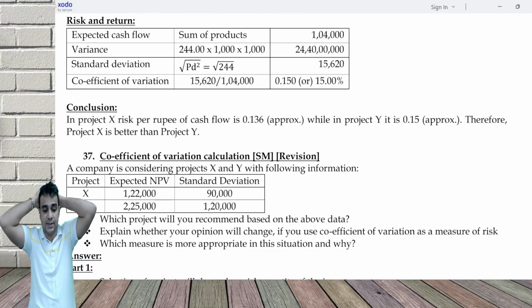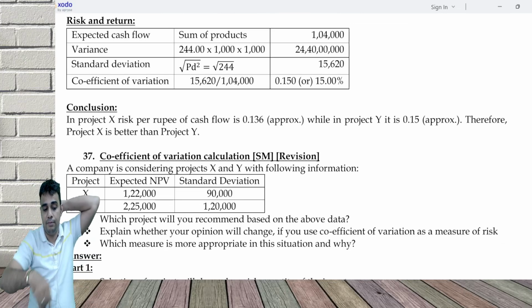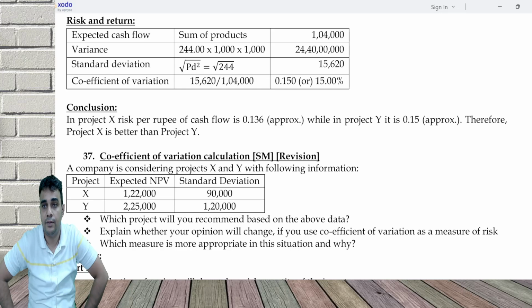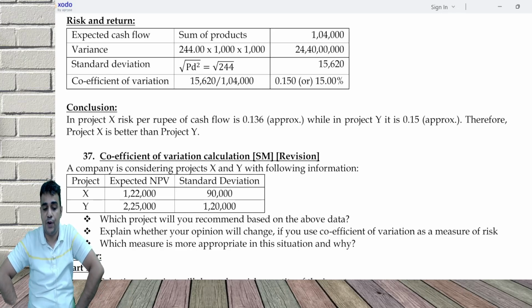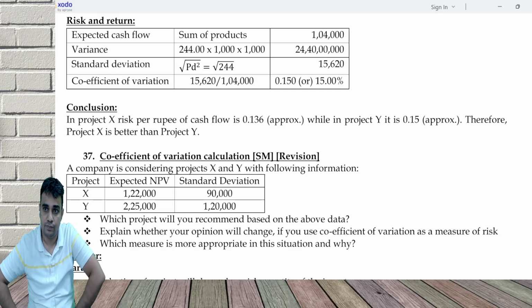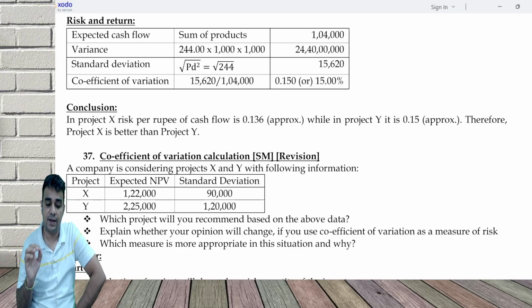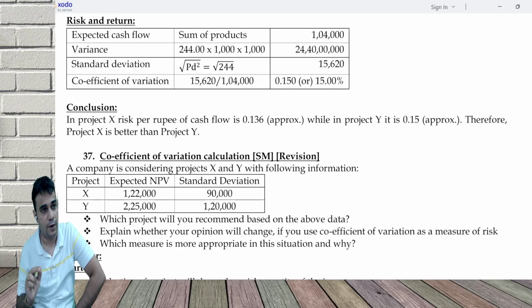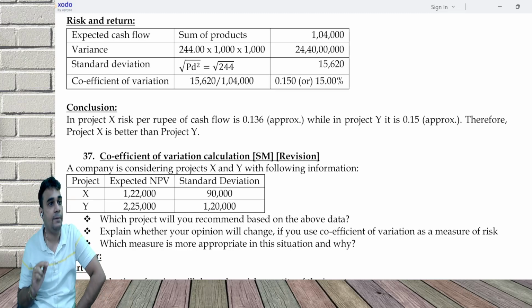Can you please tell me which is the better project between the two? Nothing much for you to read. First thing, I will not get into coefficient of variation, which is the second part of the question.